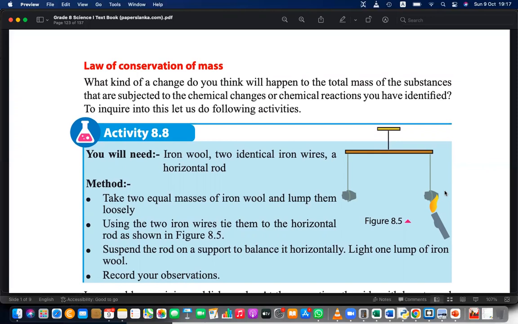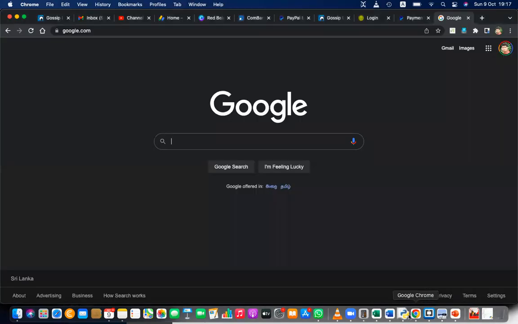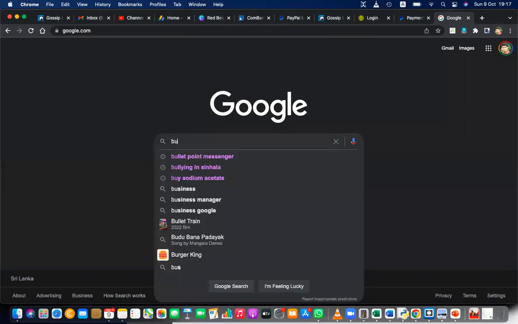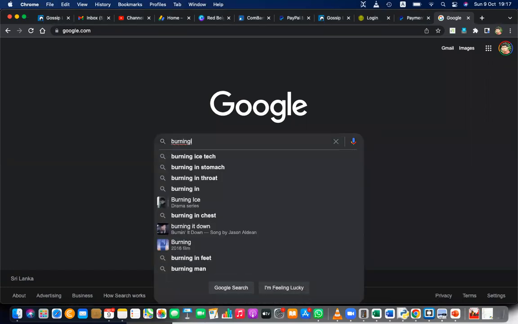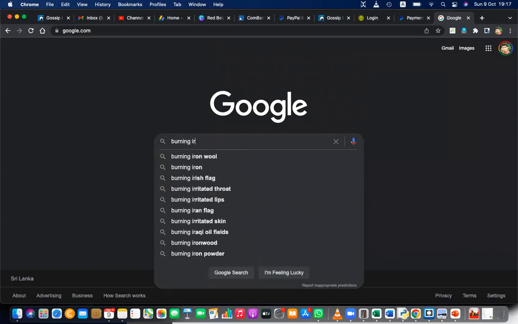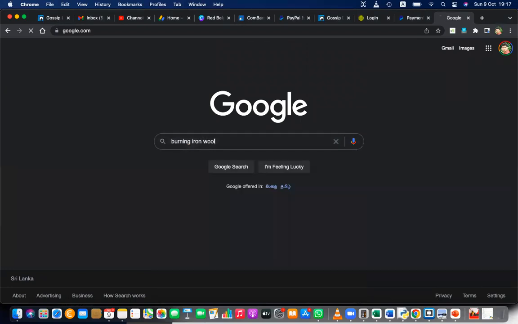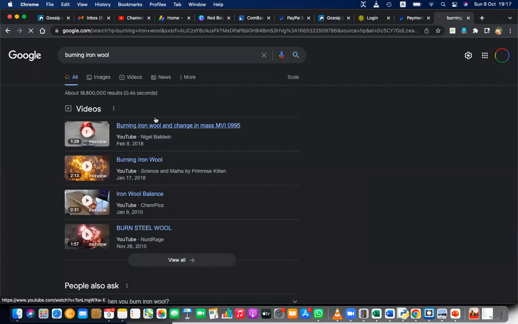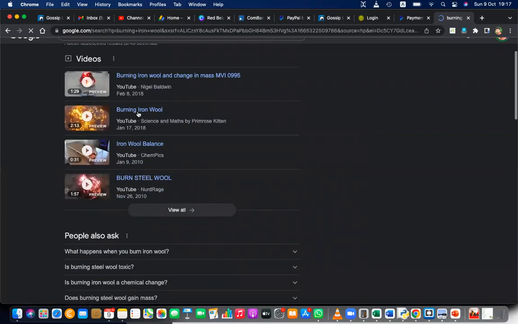So what will be the result? Right? What will be the result? Burning, let me show. Iron, steel wool or iron wool.